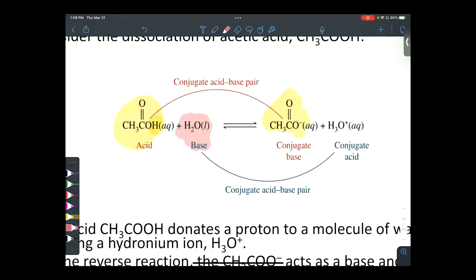But when water gains an H plus, it's H3O, and now the charge is plus because hydrogen ion is a cation. So these two go together; all they differ by is an H+. And water and its H3O plus counterpart are also a pair because they just differ by an H+, in both of these examples.